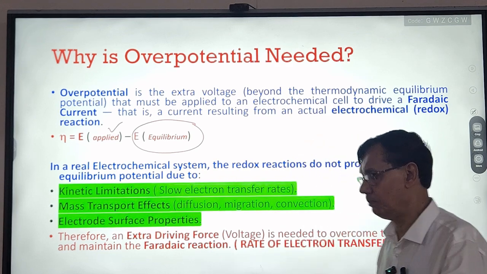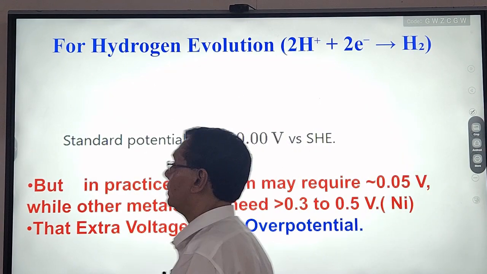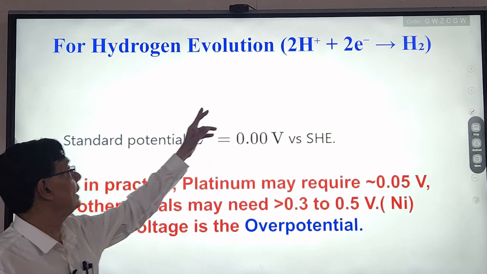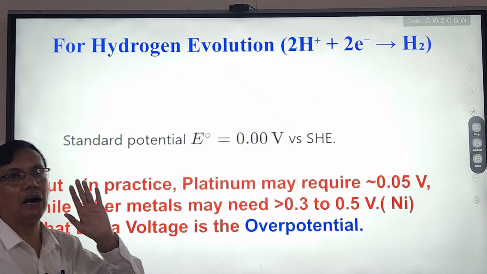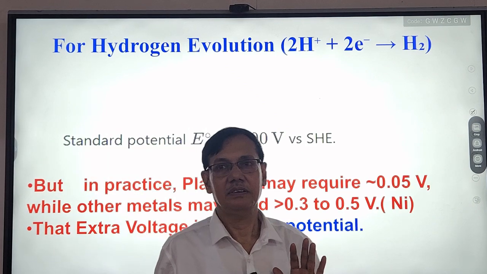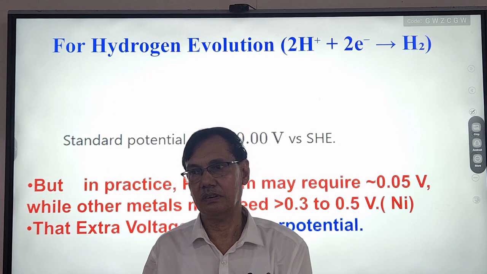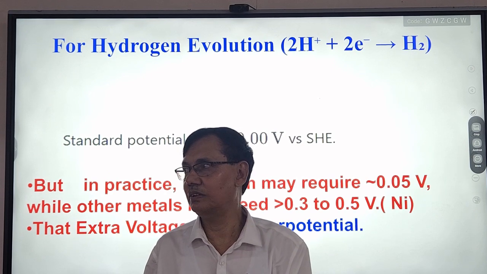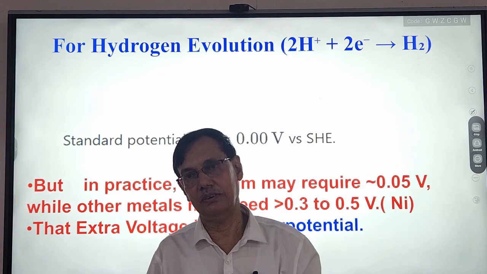And I am giving one example, the hydrogen evolution system. You want to generate hydrogen, and that is a very burning topic. आप ग्रीन हाइड्रोजन के बारे में सुनते हैं, आजकल गाड़ी भी हाइड्रोजन से चलाने की बात हो रही है. तो भारत सरकार का बहुत बड़ा प्रोग्राम है हाइड्रोजन जनरेशन.